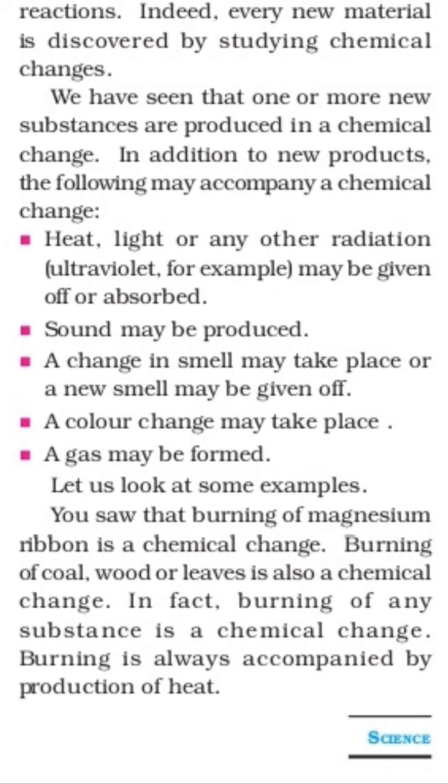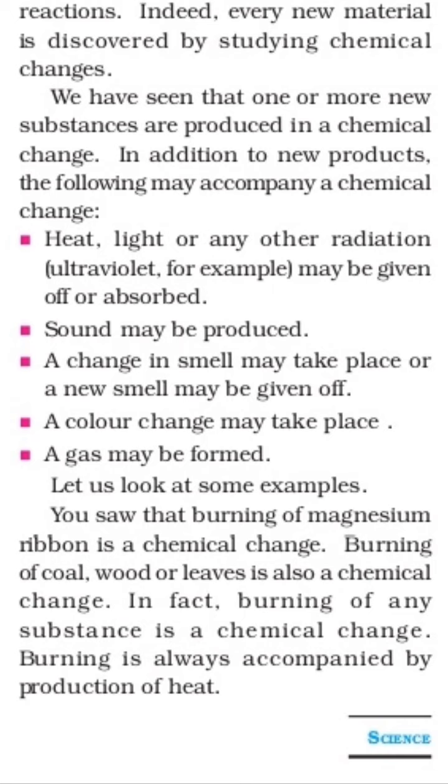Then burning of coal, wood, or leaves is also a chemical change. In fact, burning of any substance is a chemical change. Burning is always accompanied by production of heat.